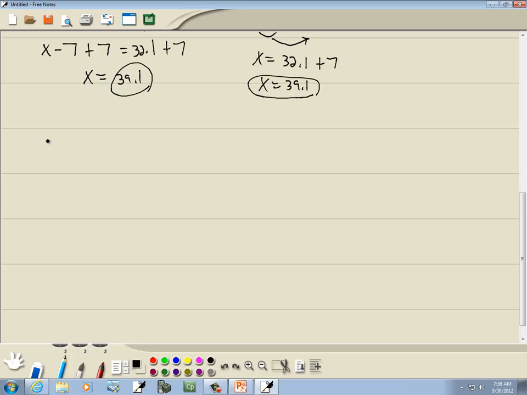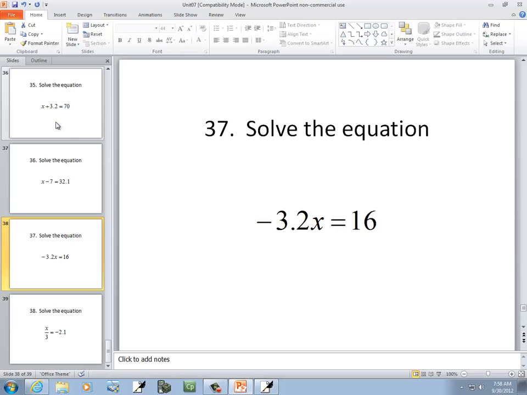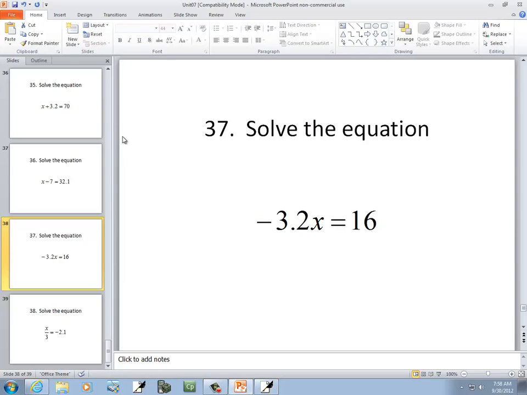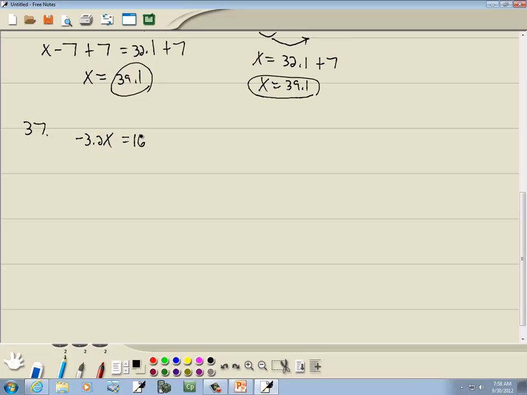Let's look at this one. We got negative 3.2x equals 16. Now always, if you got a number in front of your x like this, how you get rid of that is you divide both sides by that number. So we're going to divide both sides by negative 3.2.